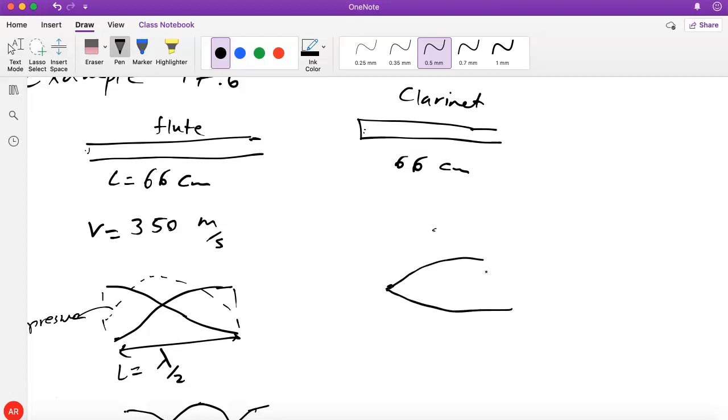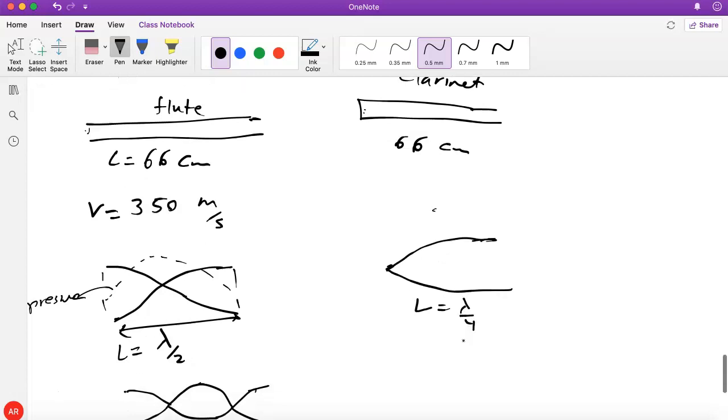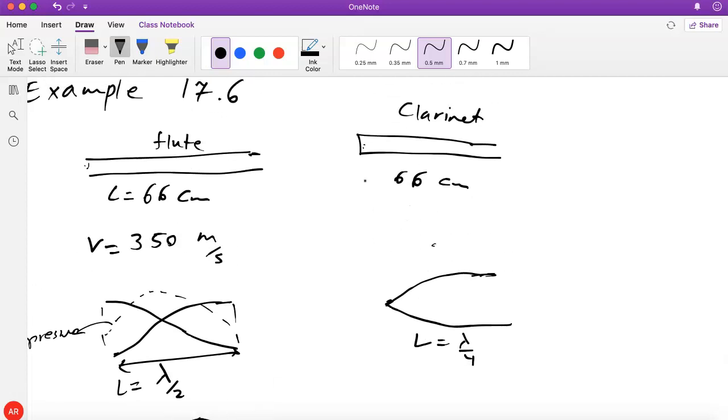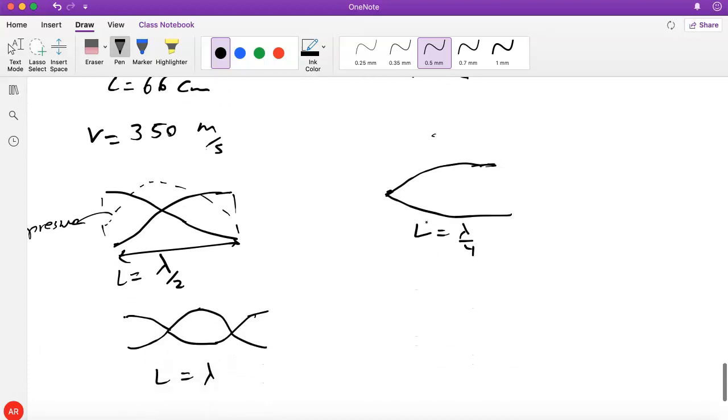So for the lowest frequency, L is lambda over 4. And then we know what happens, right? We have different boundary conditions, so we're going to fit an odd multiple of lambda over 4. So the next one is going to be 3 lambda over 4 from the equation. And just visualizing it, I have to just put in the next node. So that's lambda over 4, that's lambda over 2, it's 3 lambda over 4.